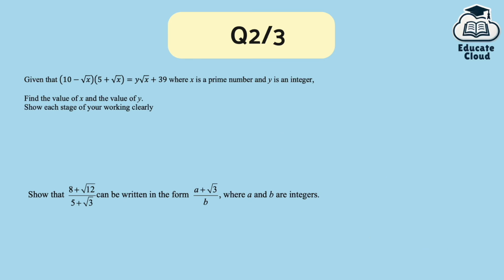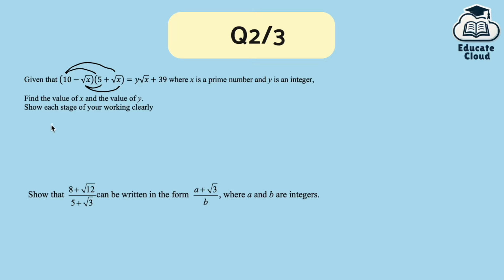Question 2, given that (10 minus root x)(5 plus root x) is equal to y root x plus 39, where x is a prime number and y is an integer, find the value of x and y and show your working. So let's use FOIL to expand the first part. Just remember FOIL, first, outer, inner, last.